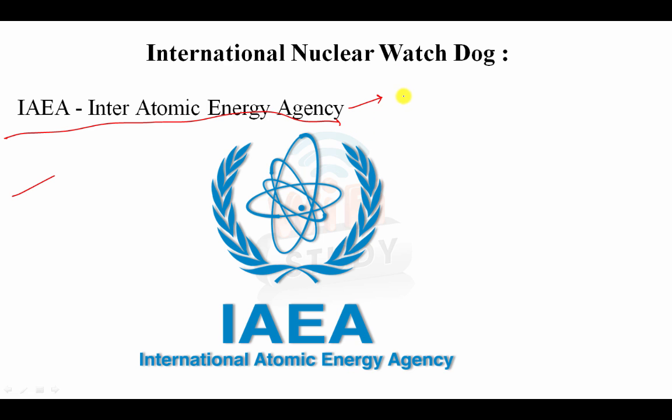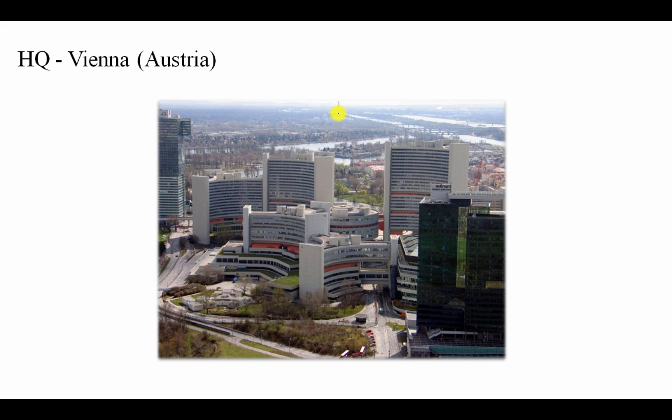Nuclear watchdog means they have a responsibility to watch over the globe for what is happening in the atomic energy sector: which country is making atomic energy for civil purposes or military purposes, which country is making nuclear bombs, and to restrict that country from further nuclear experiments. All these are the work of the IAEA. A very important organization, working greatly in the field of nuclear energy. Its headquarters is in Vienna, which is in Austria.